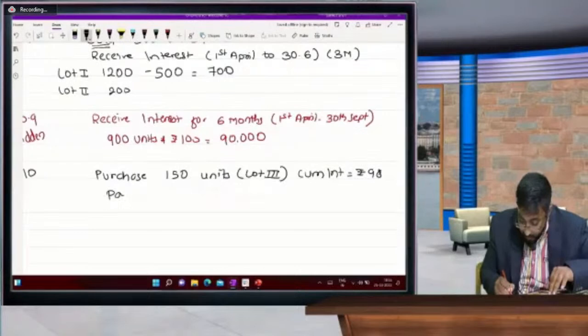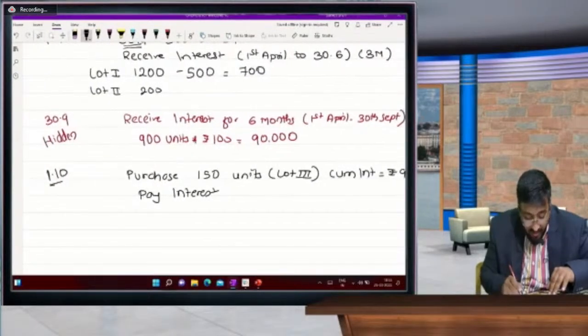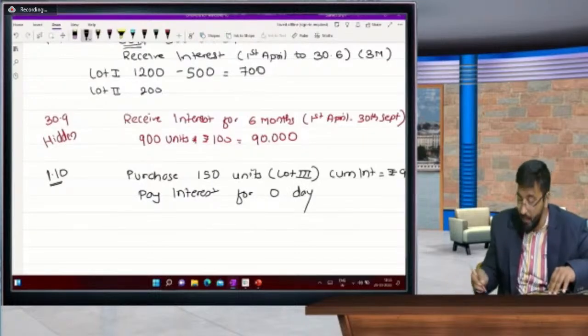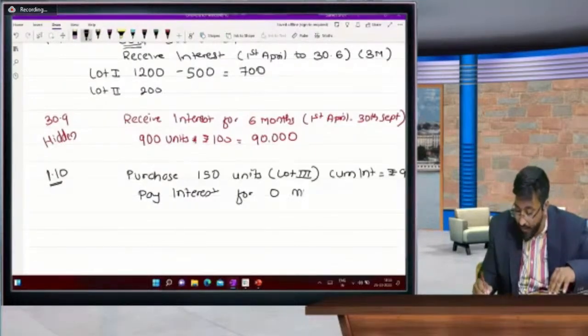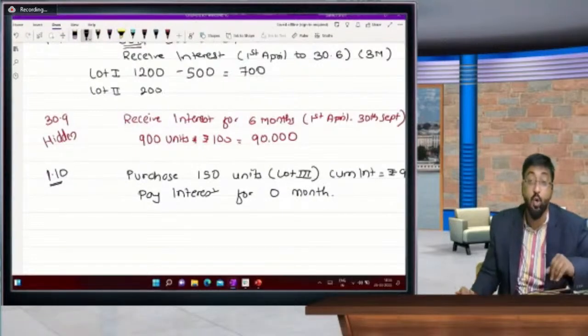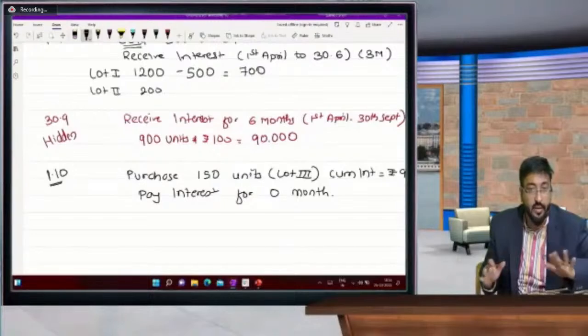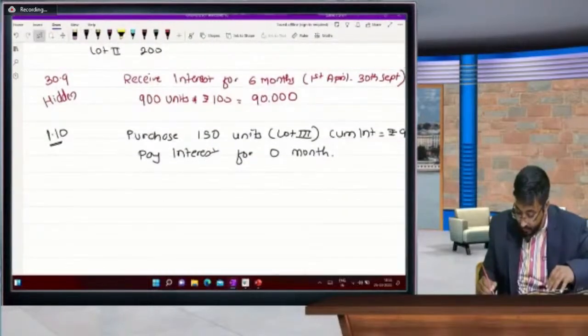Pay interest, but beta, it is the very next day. So interest for 0 month, not day. Because last interest was paid on 30th September and on the very next day you bought it. So no interest. What is next date?